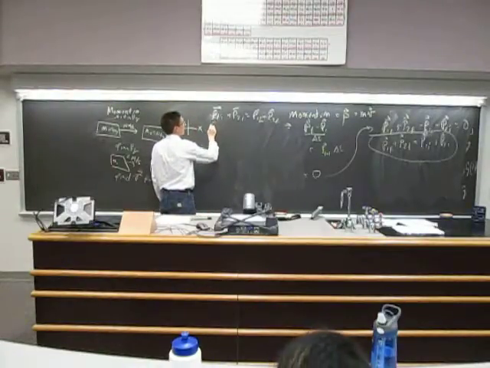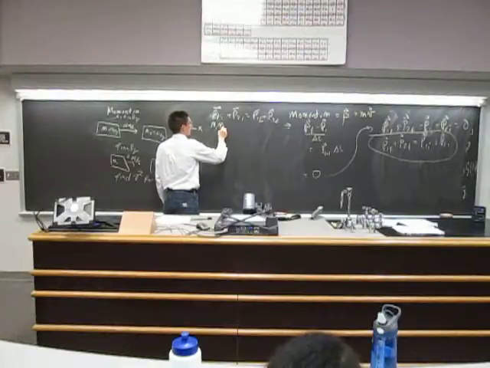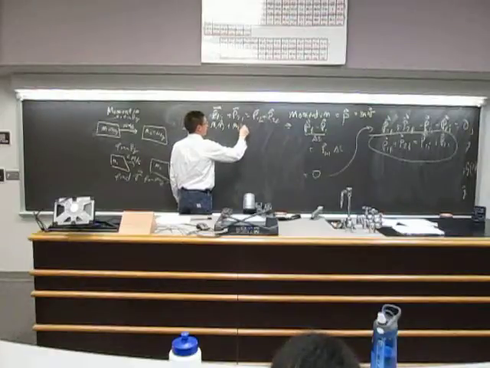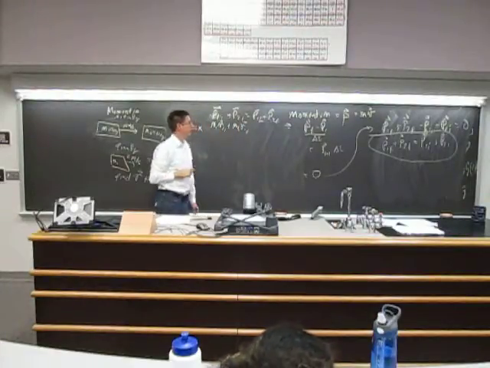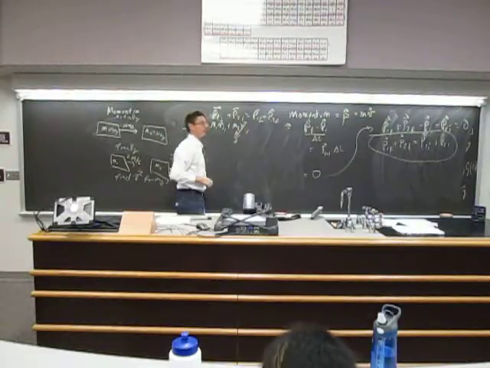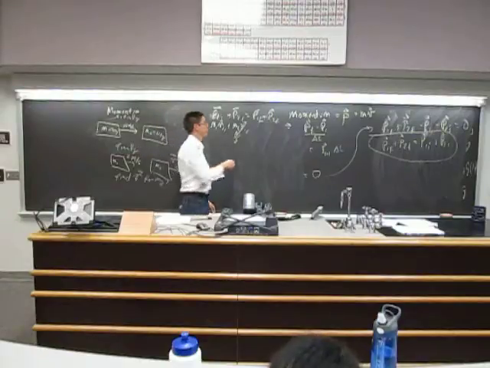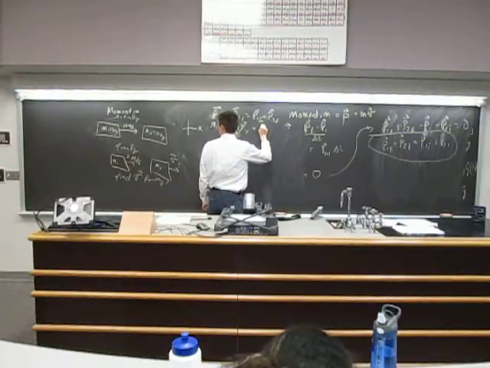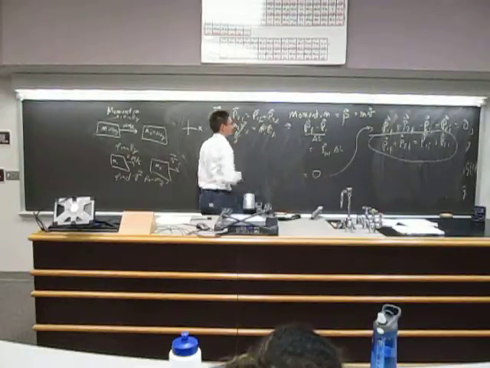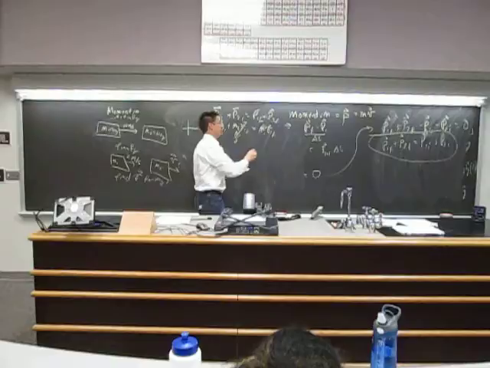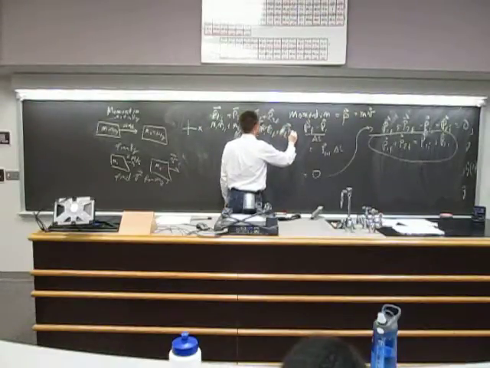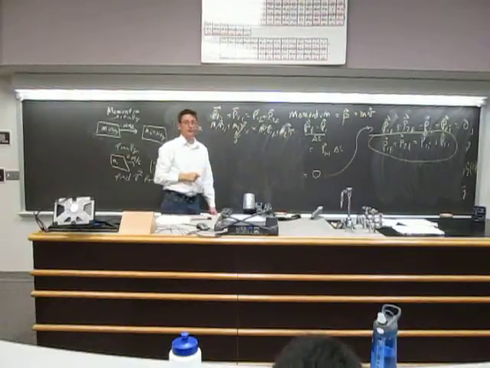So this would be M1 V1 initial plus M2 V2 initial, which was 0 because it wasn't initially moving, is equal to P1 final, which would be M1 V1 final, 2 meters per second, plus M2 V2 final, which was what we were looking for.